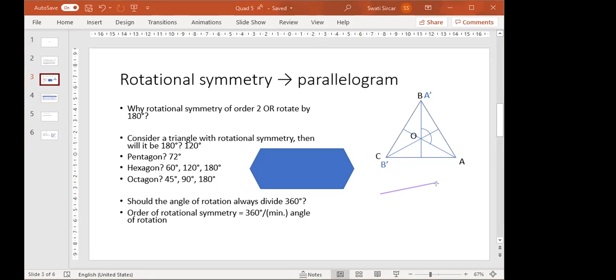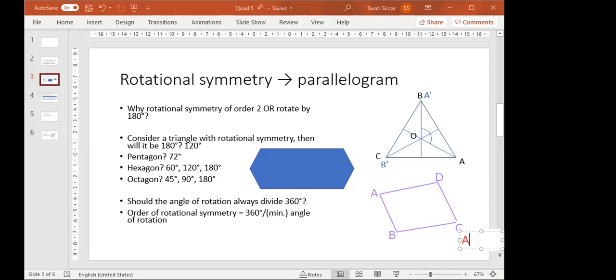So here is one quadrilateral with rotational symmetry, and let's call it A, B, C, and D.